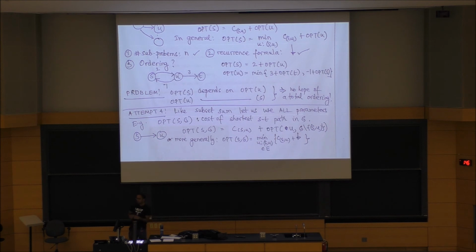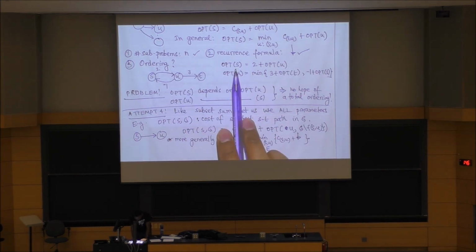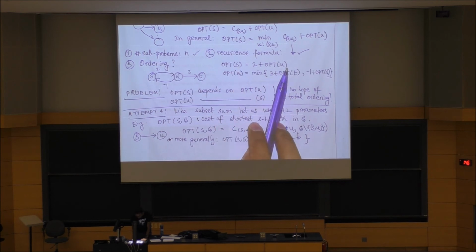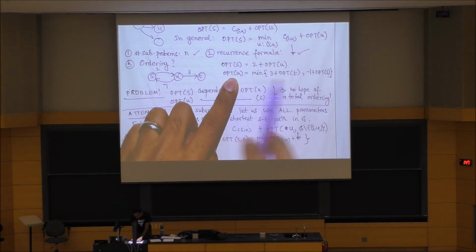So you look at all possible things that are going on. This actually turns out to solve this cyclic issue with the ordering, right? Because when you go from S, G to U comma G minus this edge SU, this opt of U is something different.